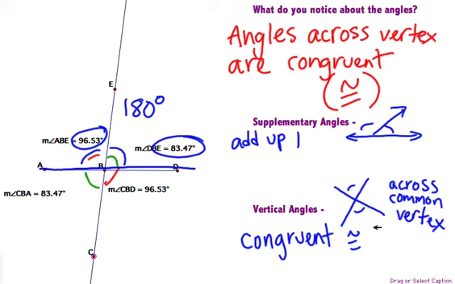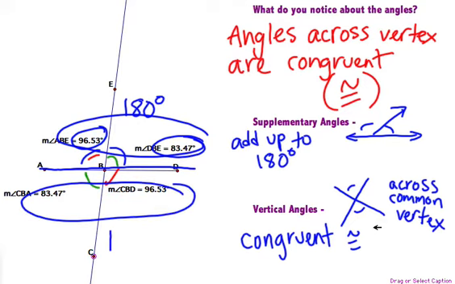Anytime you have a straight angle like this that's split up, you're going to have supplementary angles. All 4 angles obviously are going to add up to 360, right? Because these 2 angles on this side are 180, and these 2 over here are also 180. Not as helpful. It's more helpful to know that the 2 separate ones are 180. But good thing to know.